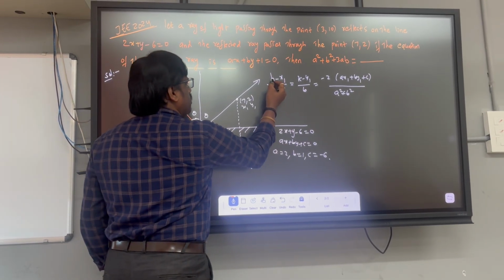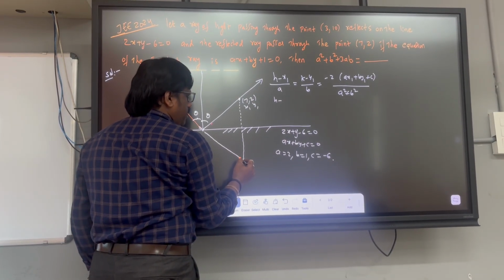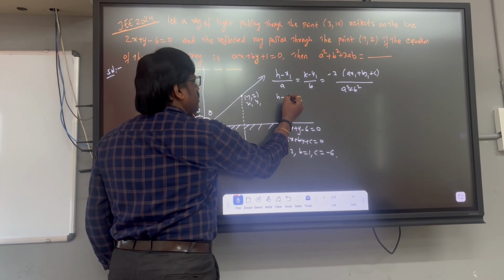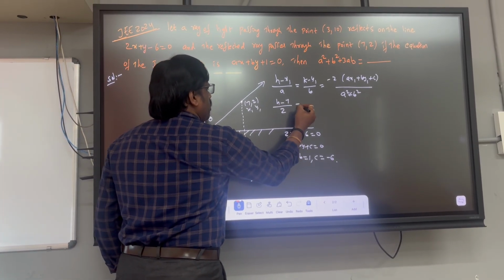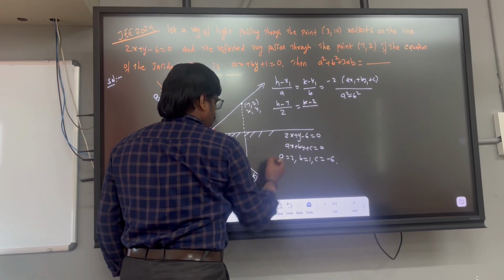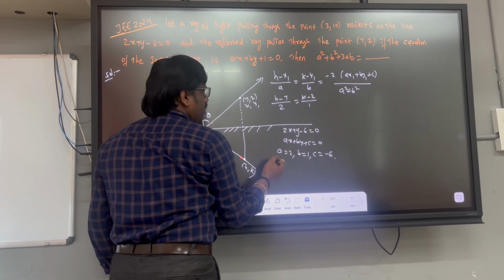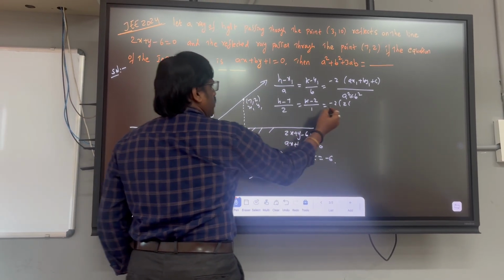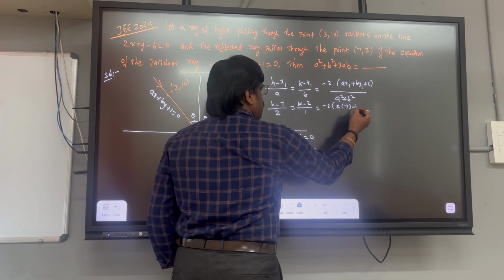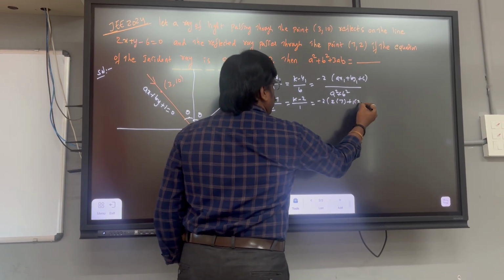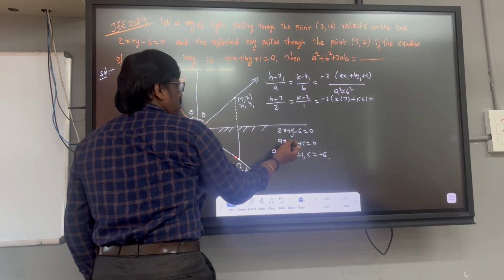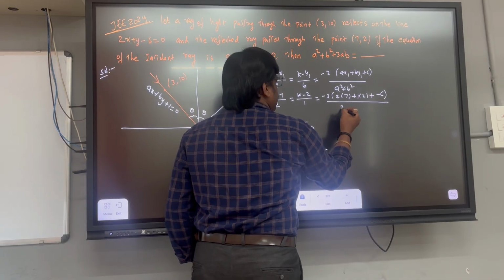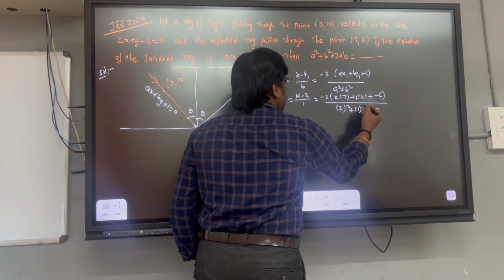The image is the point (h, k), and that you have to find. So x1 is 7, a is 2, (k - 2)/1, y1 is 2, b is 1, equals -2 times (2 times 7 + 1 times 2 - 6)/(2² + 1²).